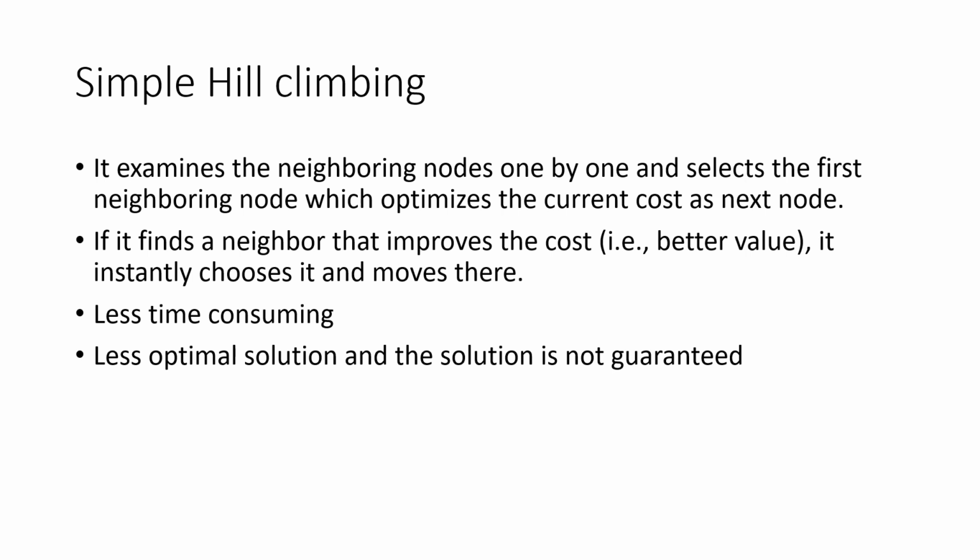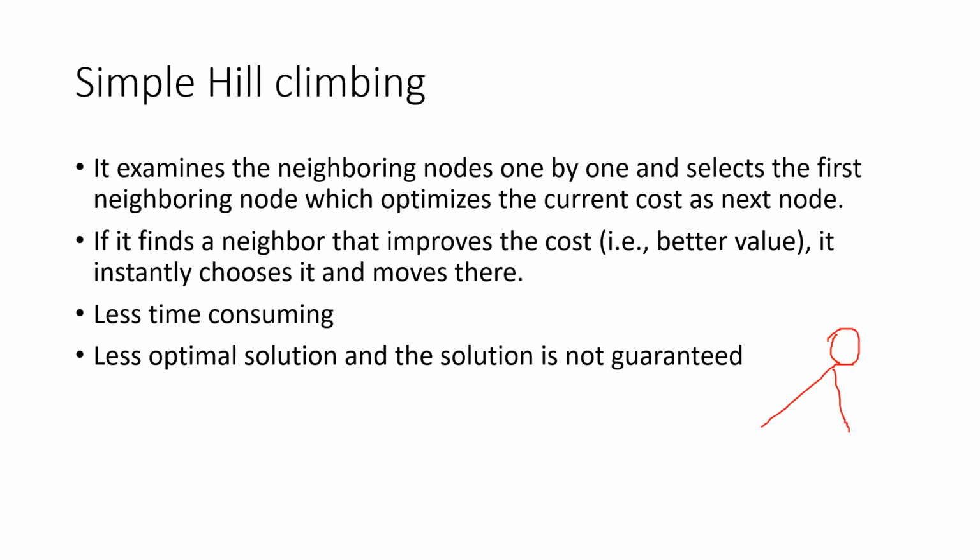We will see one example of hill climbing, that is simple hill climbing. Simple hill climbing is the most basic form of hill climbing. It will move to a better neighbor, and the difference is how the neighbor is chosen. Here we have a current node and multiple neighbors.